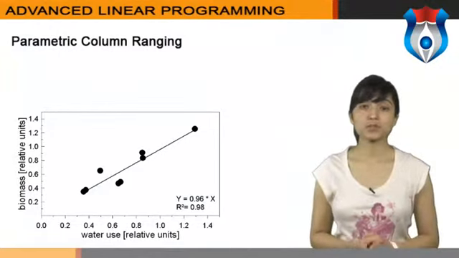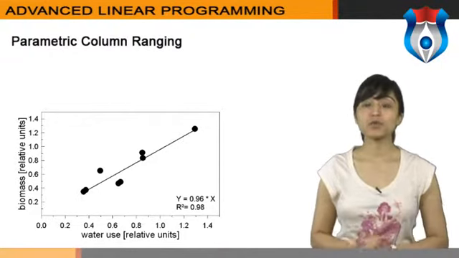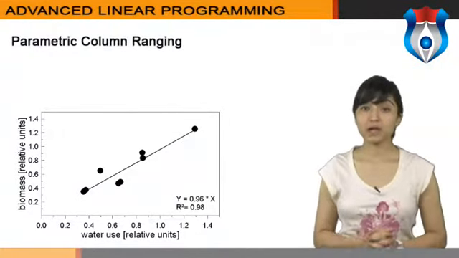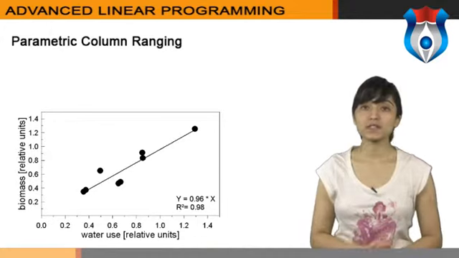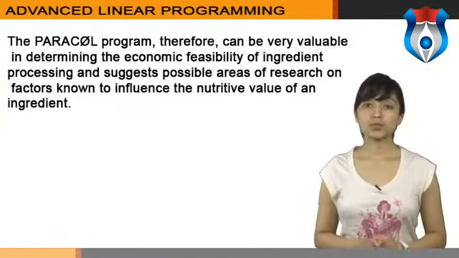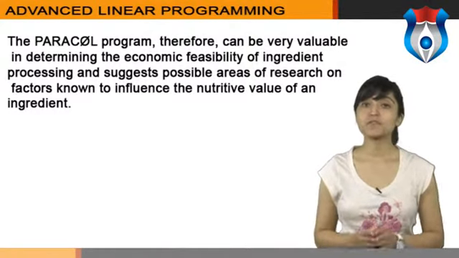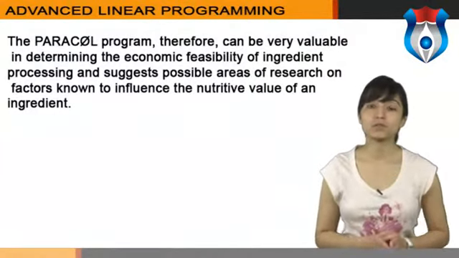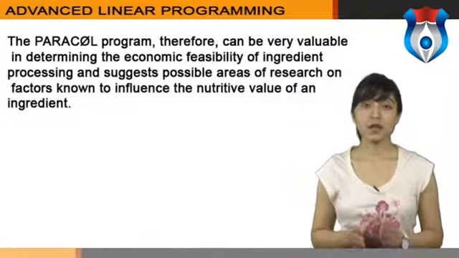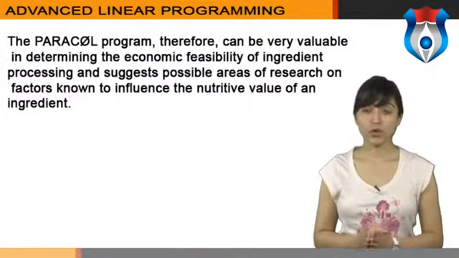It is often possible to change the nutritive value of an ingredient by some processing method, enzyme addition, etc. with some control on the degree of change. The para-col program, therefore, can be very valuable in determining the economic feasibility of ingredient processing and suggests possible areas of research on factors known to influence the nutritive value of an ingredient.